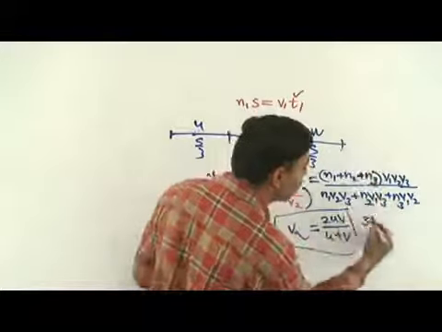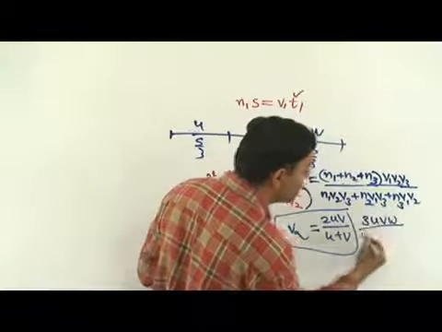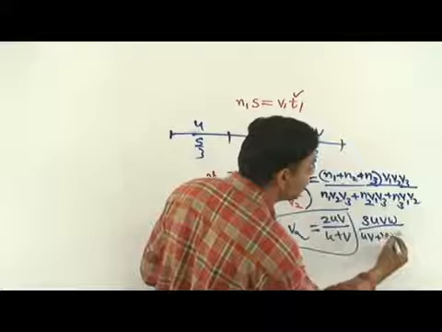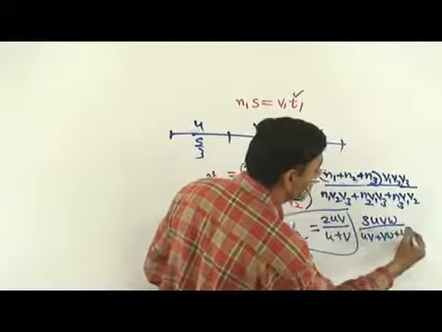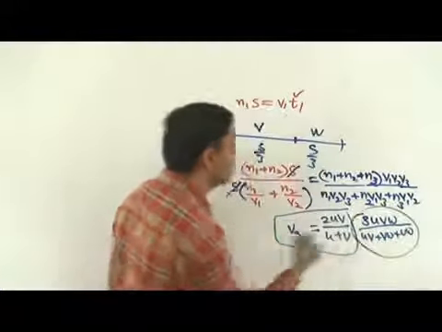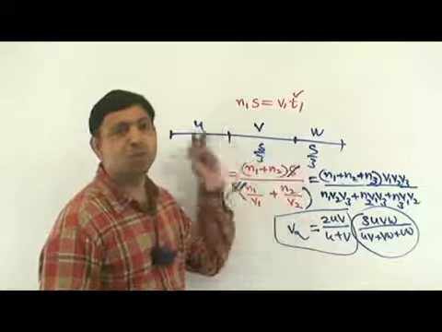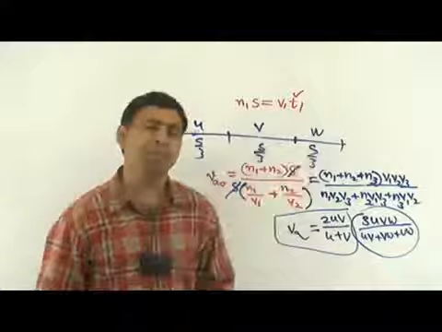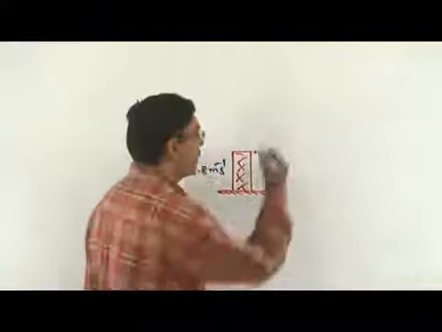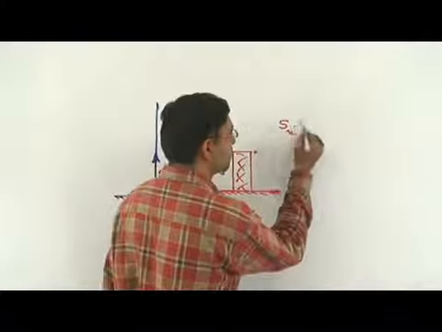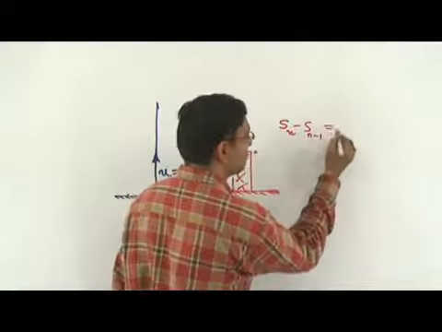You will end up getting 3uvw by uv plus vw plus uw. That's going to be the average velocity when a body covers 1/3, 1/3, 1/3 displacements with u, v, w respectively. Fine.